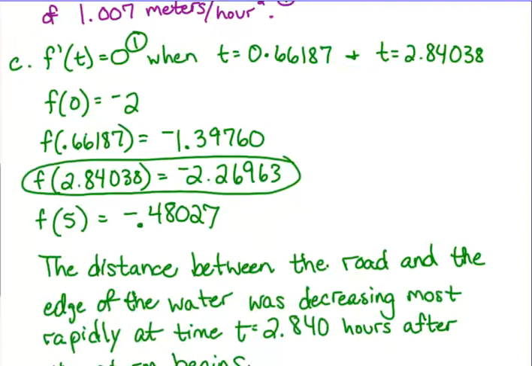If you come up with any idea that you think could be applicable, even if you can't go any further with it, at least leave it there. You never know, you might get the point for it, okay? You get 1 point for your answer, and then you get 1 point for your justification here by checking your endpoints and your critical points.